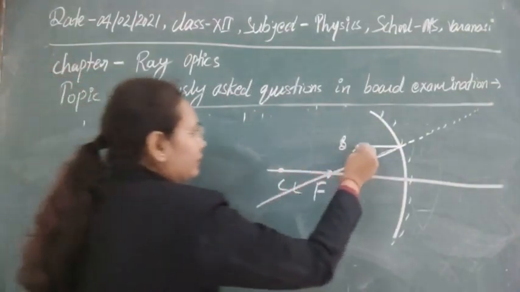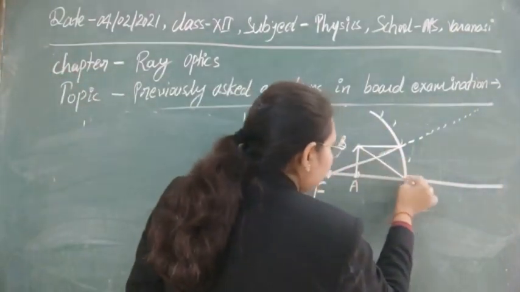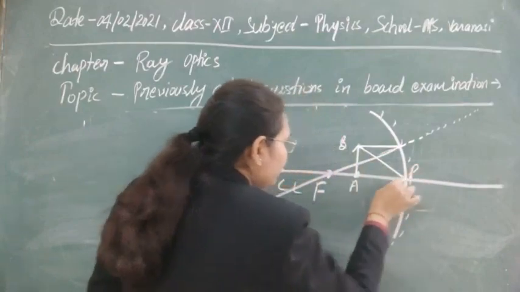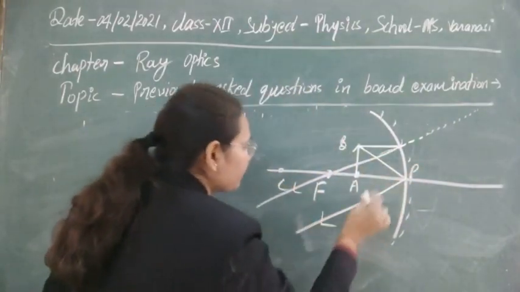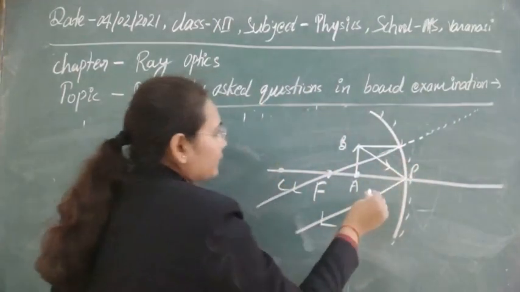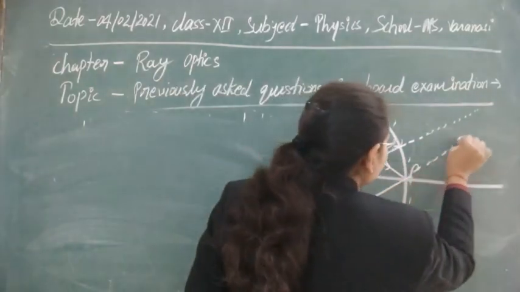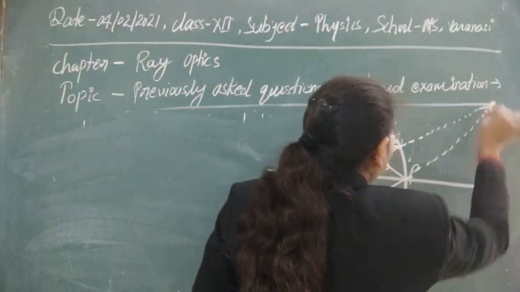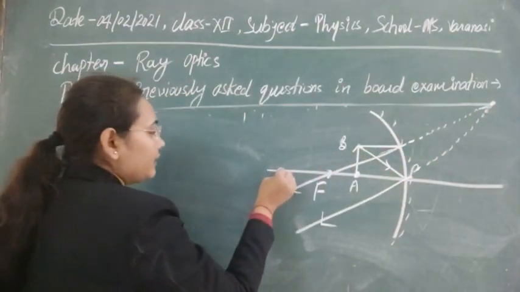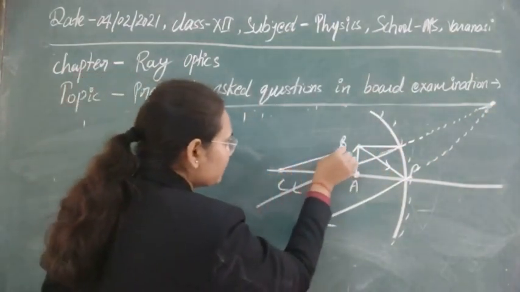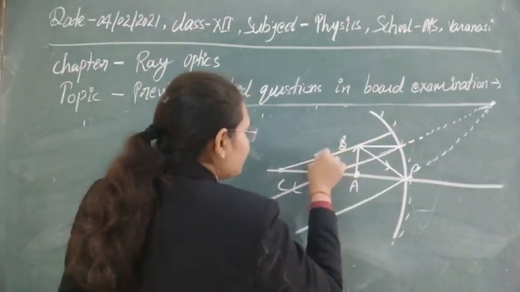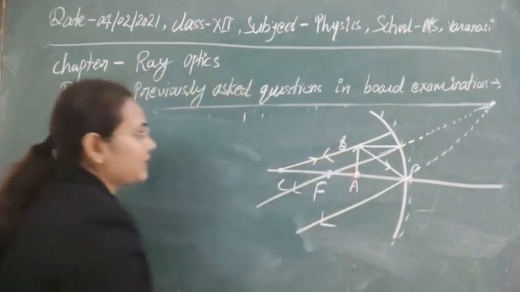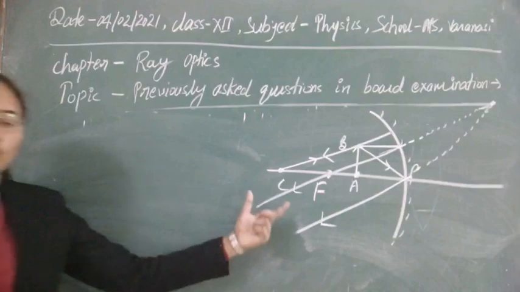Next, if this ray passes through the pole here, then it will reflect from here. Then you can also take its direction here. This will meet at some place. For the third ray, you can take the ray that is passing through the center of curvature. You know that the ray passing through the center follows its own path.